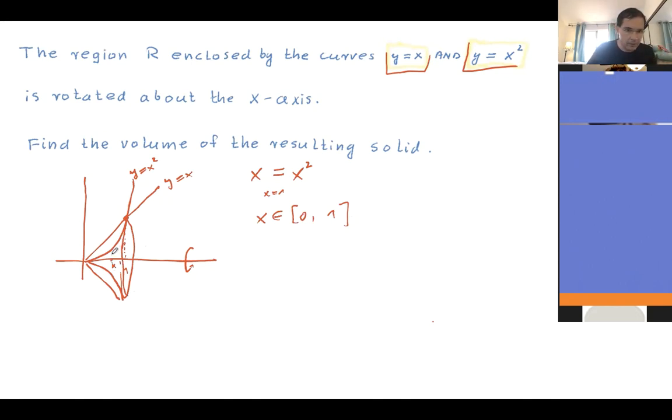When we do so, the cross-section will look like this, but then there'll be another circle inside. So this cross-section will look like a circle with a circle removed inside, like a washer.